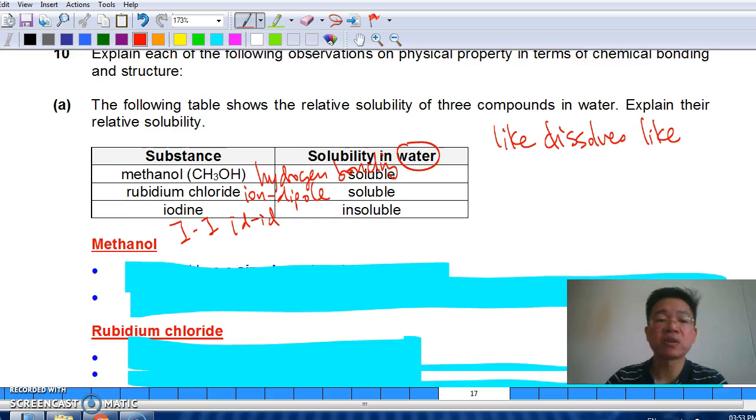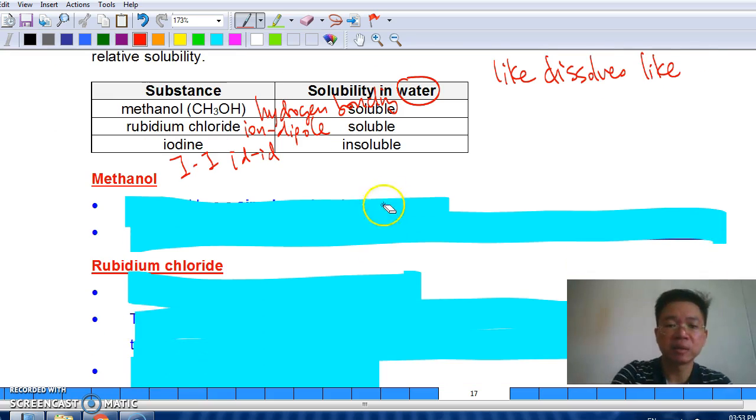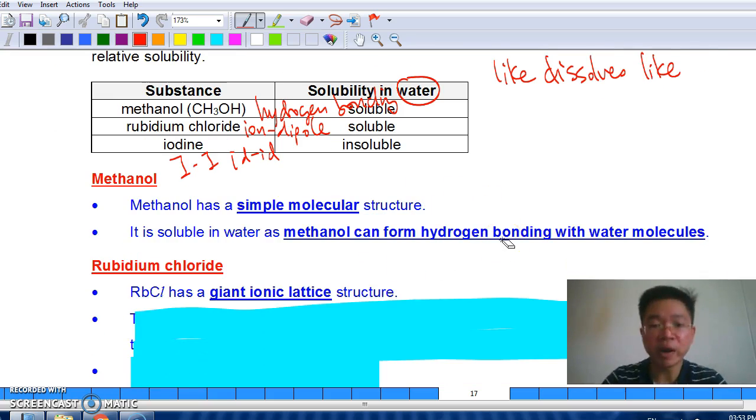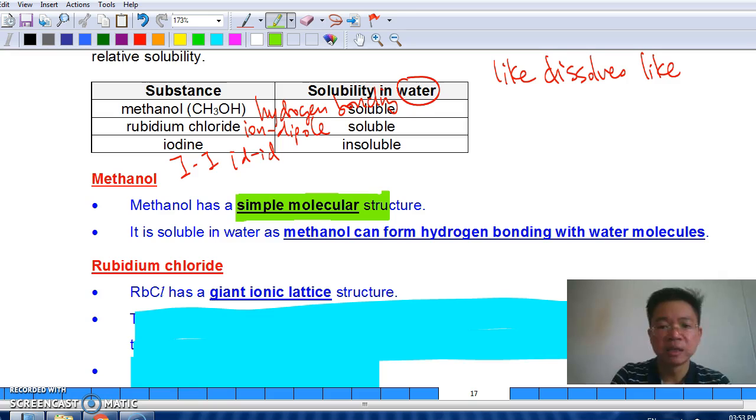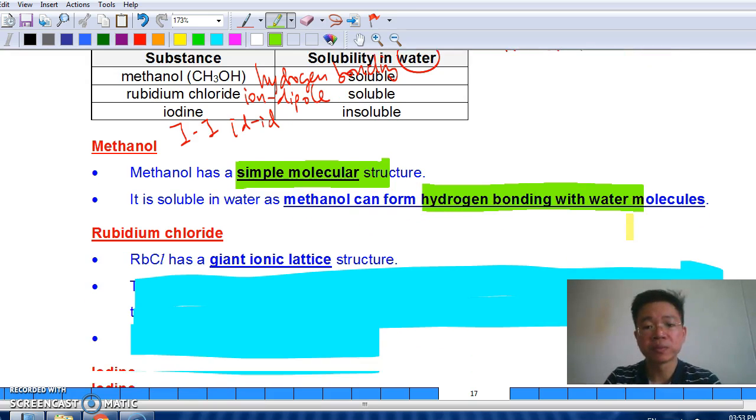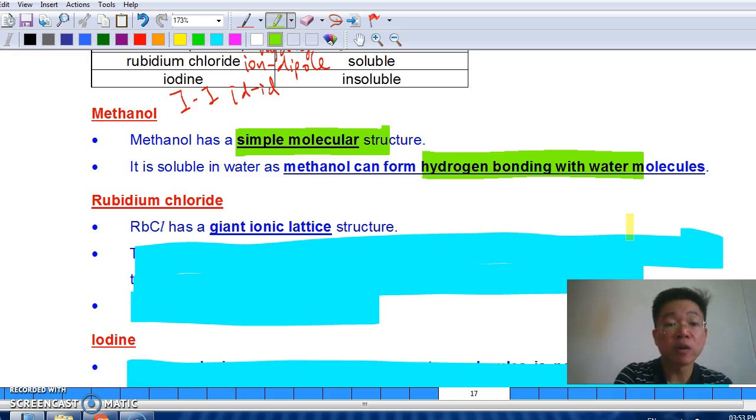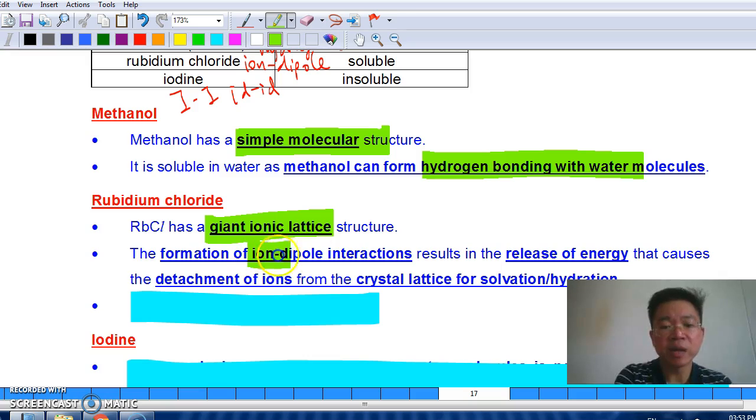Okay, so this is the big picture for part A. So this is how I will write. Okay, similar to how you will describe melting and boiling, we will first talk about the type of structure. Methanol is simple molecular. It can form hydrogen bond with water, therefore it's soluble. For rubidium chloride, it's giant ionic lattice structure. It forms ion-dipole interaction, so that's the key word.